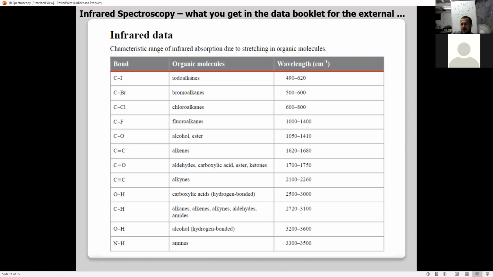And virtually everything is going to have carbon to carbon and carbon to hydrogen bonds. So you need to look elsewhere to try and figure out what it might be.